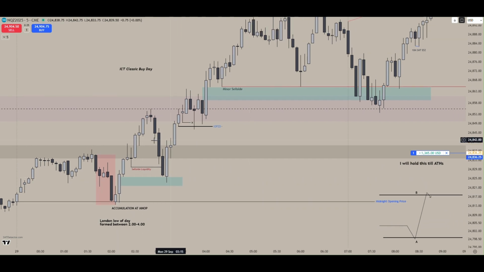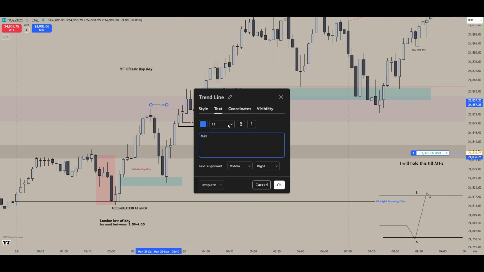So this is a Judas swing. We displace, we go into the new week opening gap. So this is the new week opening up from last week. So this is during the macro, right? I should have had these marked out. Apologies for that.